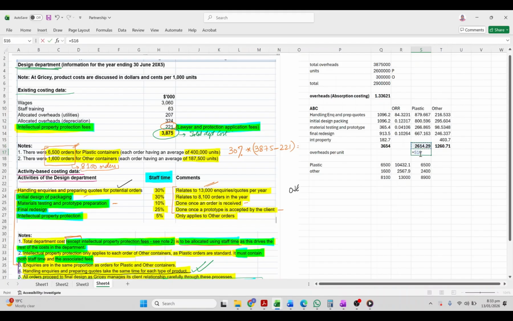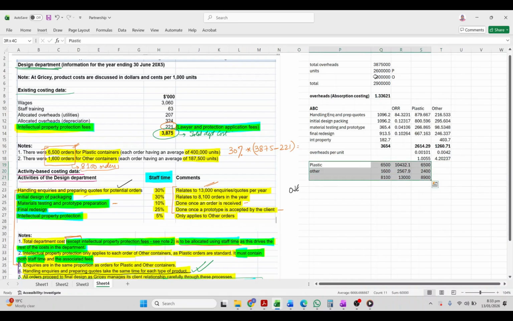So 2614.29 divided by plastic, which is this one, but we don't need a per unit, we need per thousand. So this figure will be multiplied by 1000. Similarly, this divided by others, this will give you per unit cost, and the same figure will be multiplied by 1000. So you will get this one, right?